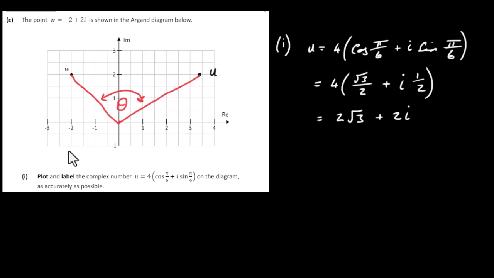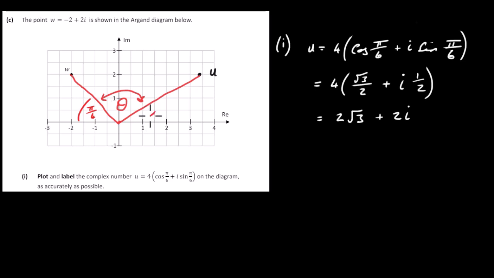Let's call it theta. Let's find this angle here. Well, we can see immediately that it is in fact 45 degrees, or pi over 4, because we've gone out 2, we've gone up 2, so this angle here must be pi over 4, or 45 degrees. So that one was easy enough to do.